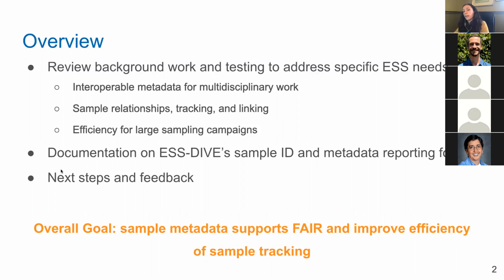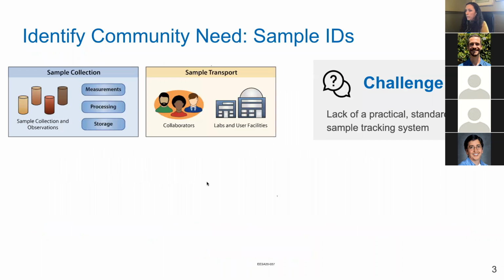I just want to mention that our overall goal in developing this reporting format for samples is to support the findability, accessibility, interoperability, and reusability of this sample data to maximize the value of the data over time and to also help improve the efficiency of sample tracking for multidisciplinary work in particular.